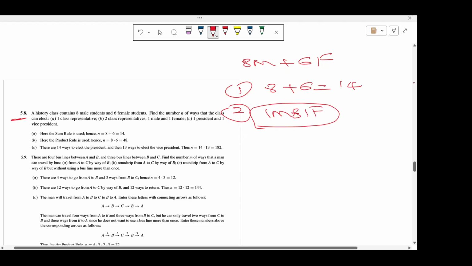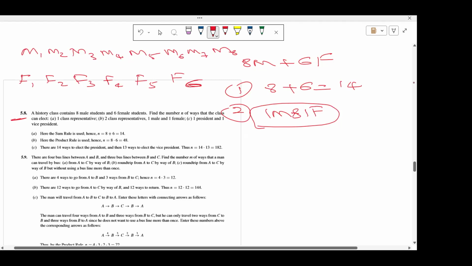From these 8 male students, we need to select one male student, M1, M2, M3, M4, M5, M6, M7, M8. And here, female, F1, F2, F3, F4, F5, and F6, right?